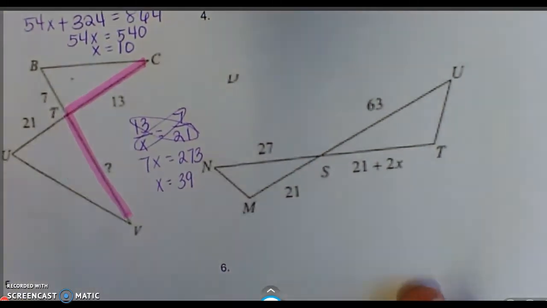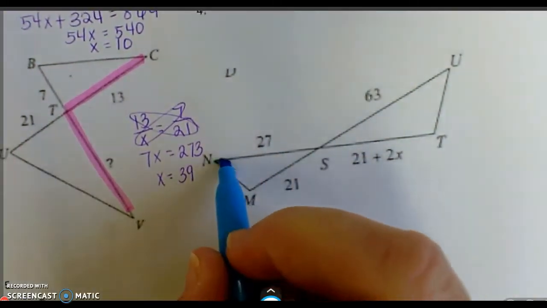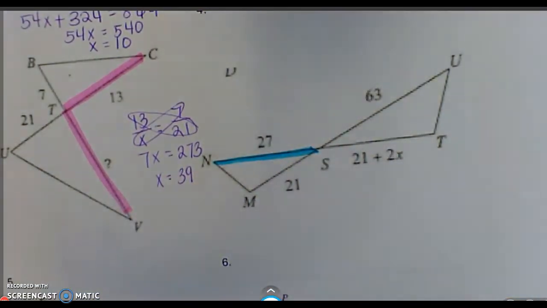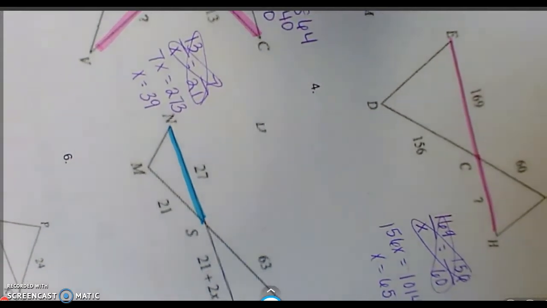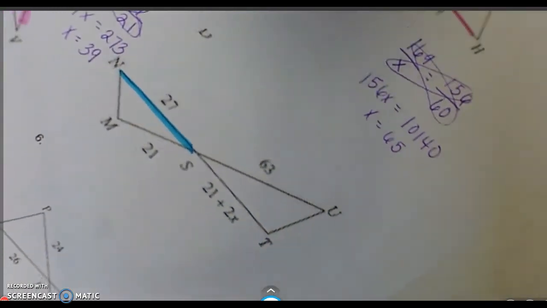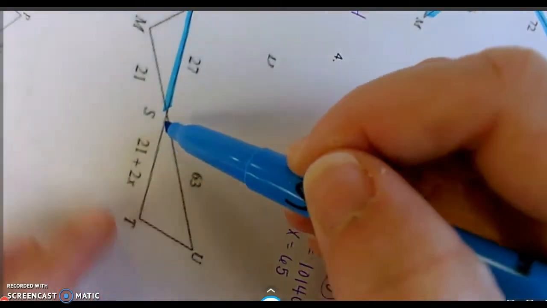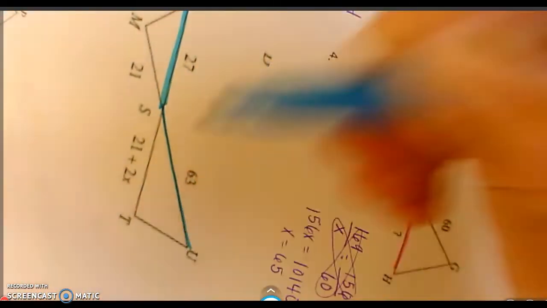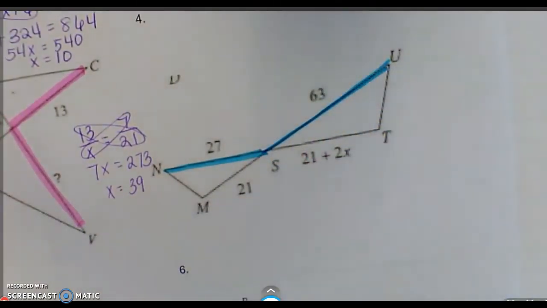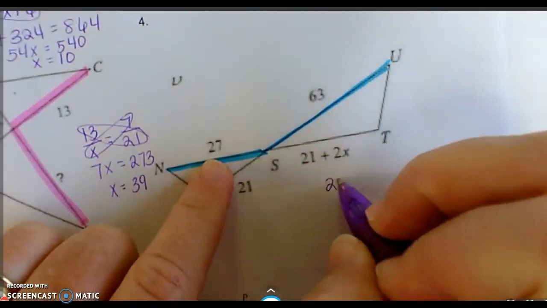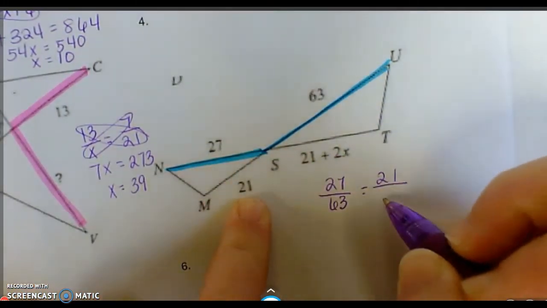Okay, number 4. We've got these two sides here. This one is definitely the longest of these two. So looking over here, again, if you need to look at it sideways a little bit or whatever makes sense to you to help you figure out which one's longer. Looks like of these two sides, the 63 is longer. So we'll have 27 over 63 equals these two over each other.